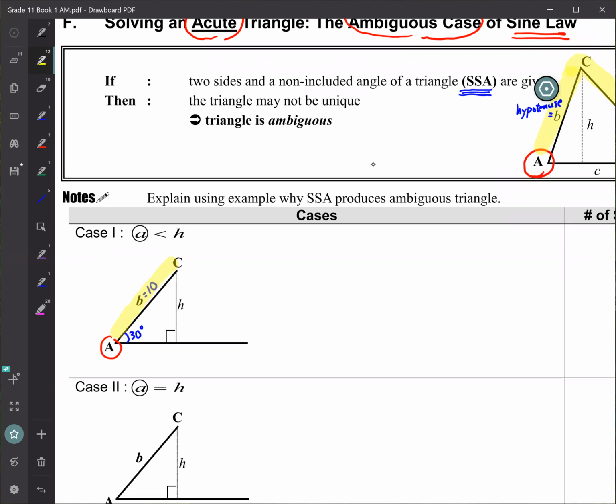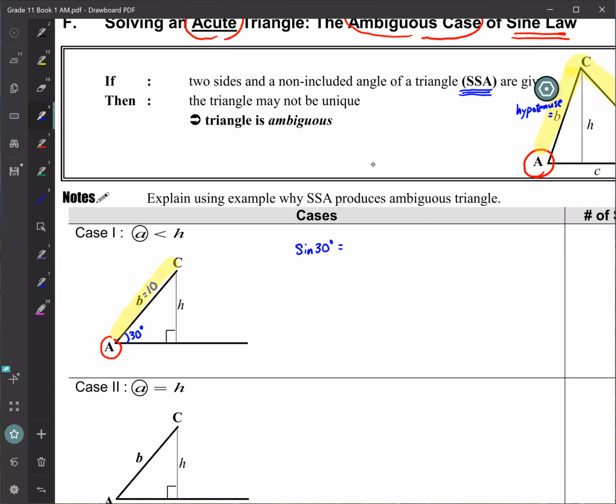Because right now you see this is a right triangle, so we can find the height using SOHCAHTOA. So I'm going to use sine, because height is the opposite, okay? Sine 30 degrees is what over what? Nathan, look at the triangle.